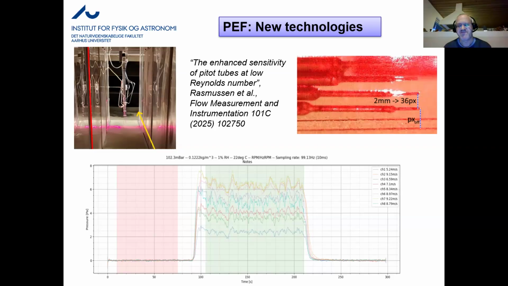So compared to larger pitot tubes, they can run in very active saltation, very close to the bed. So we can measure wind profiles accurately, very close to the bed during highly active saltation. So that's one benefit.